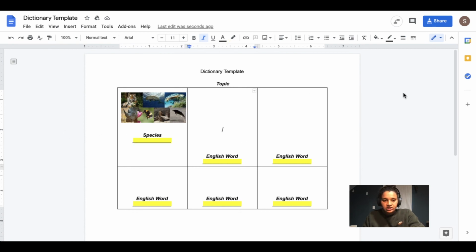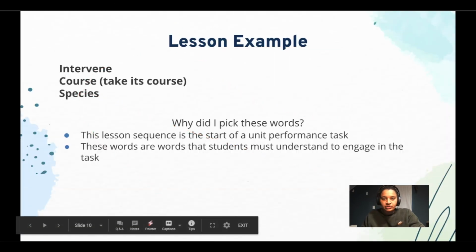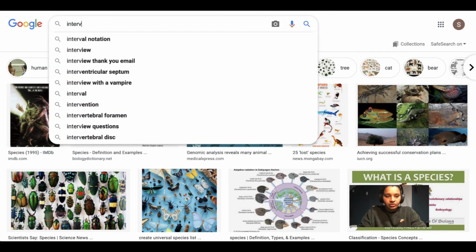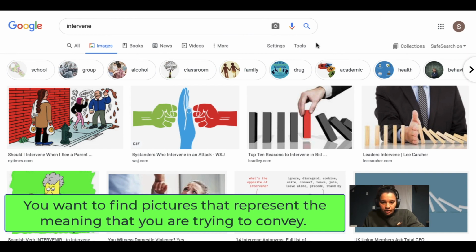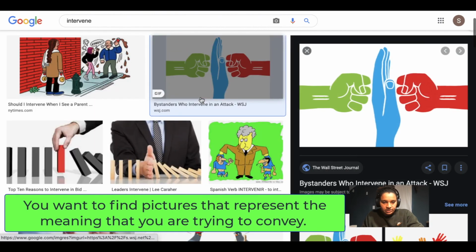Then I would go to the next box, and the next word, intervene. So I would, of course, go back to Google. I would type in the word intervene, and then I would look for a picture that represents the meaning that I want students to have. So I think this would be a pretty good one, it's a GIF too, so that's even better.